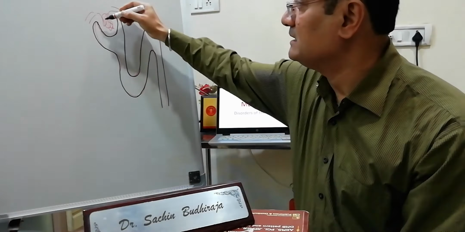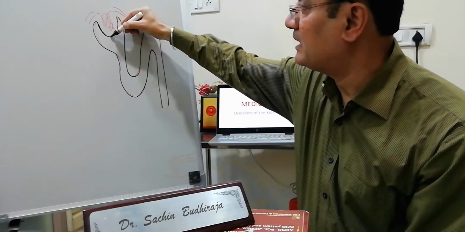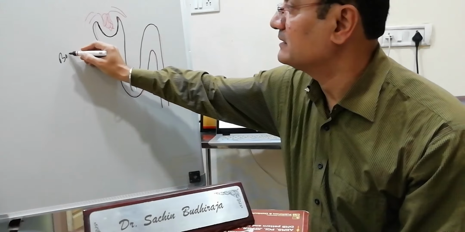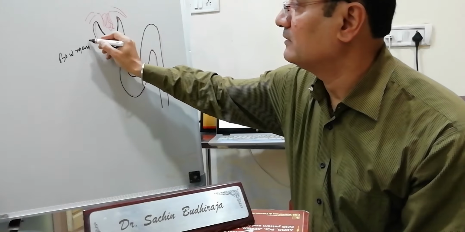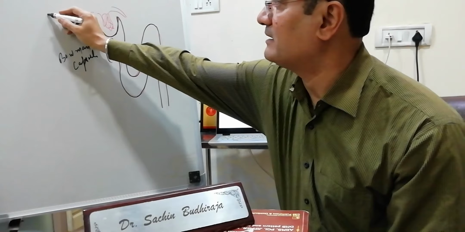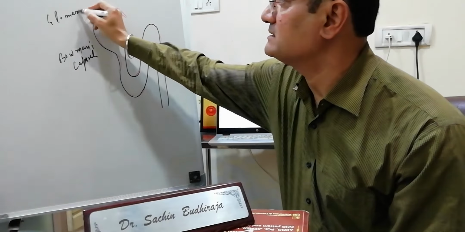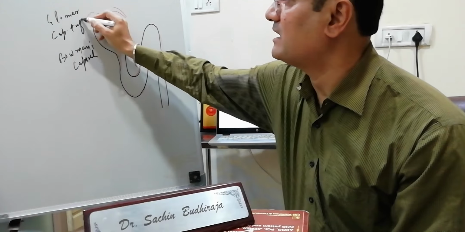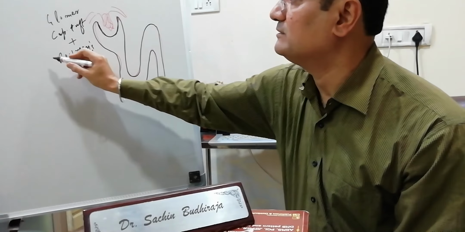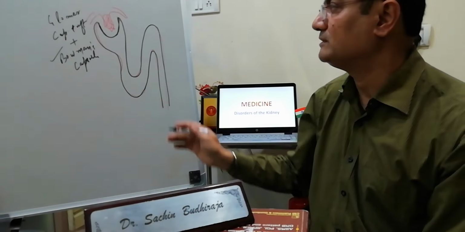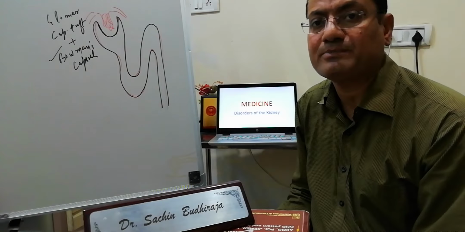The glomerulus includes this initial part of the tubule, you call it Bowman's capsule, right? So just remember that when we say glomerulus, this means the capillary tuft across which the filtration is occurring and this initial portion of the tubule. And the remaining part of the tubule is what is the tubular aspect.